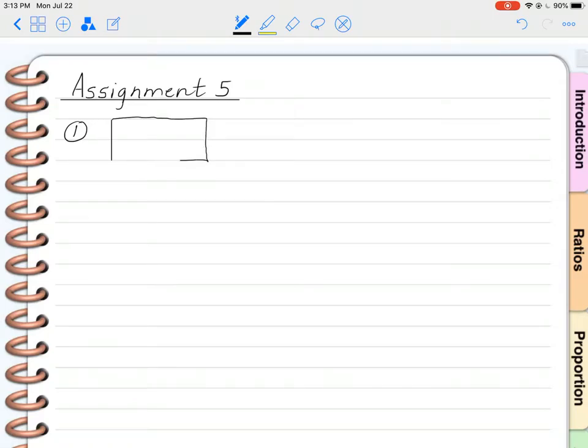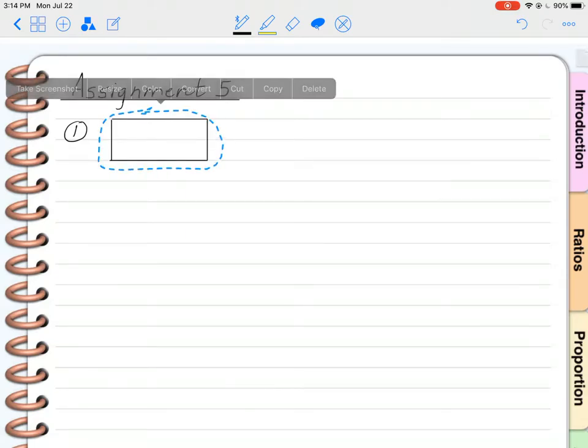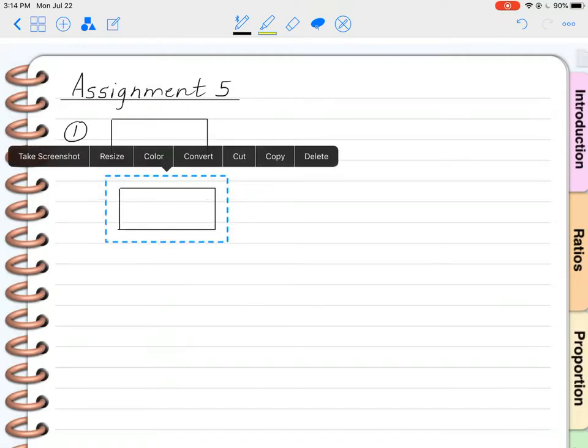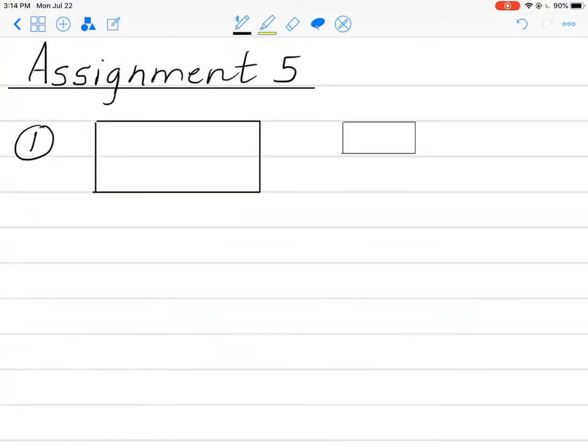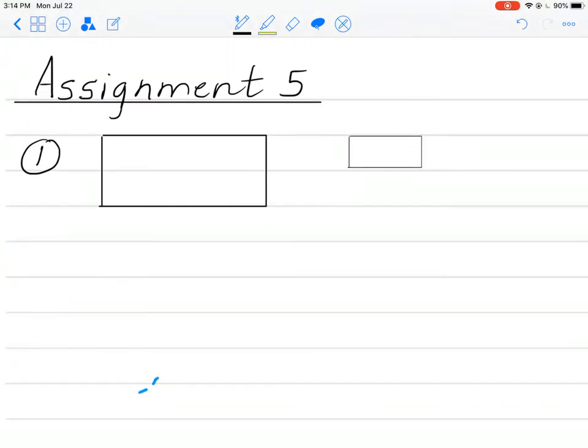So I'm going to sketch a picture and then hopefully copy that picture and paste it back in and then scale it down. So mama and baby. I wish I had done this in your book so that you would have this already done.